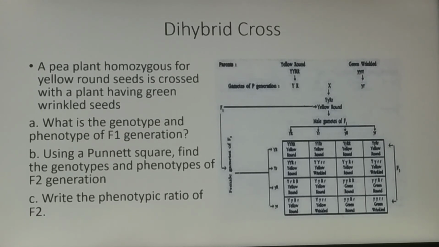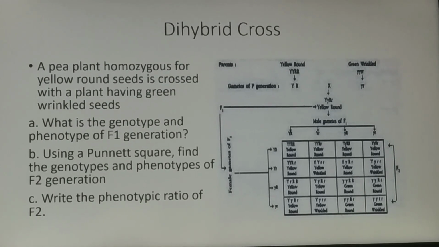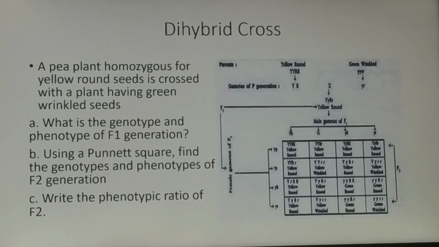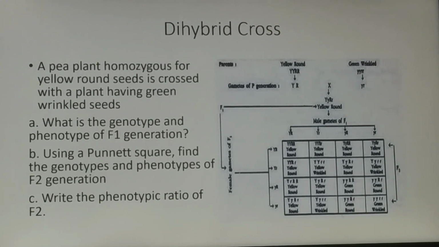Now moving on to part B. Using a Punnett square, find the genotypes and phenotypes of the F2 generation. So I told you, for finding out the F2 generation, we have to self-pollinate the F1. The F1 hybrid which we got is self-pollinated. Write the gametes of one parent on one side and the other parent on the other side. The gametes produced by both the parents will be the same because self-pollination is being done there.